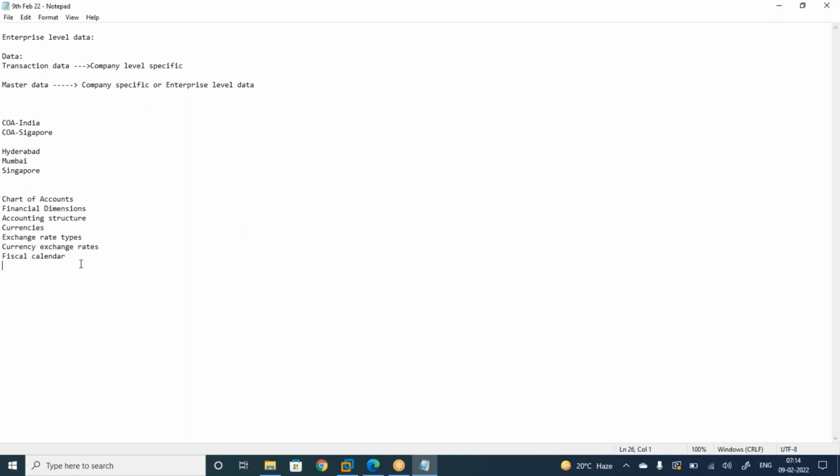Actually in T&L, trade and logistics, product and product master is enterprise level data. This is SCM. Next one is storage dimension group, tracking dimension group.